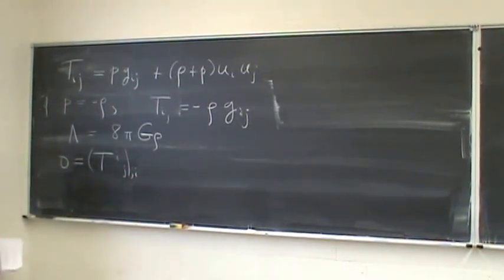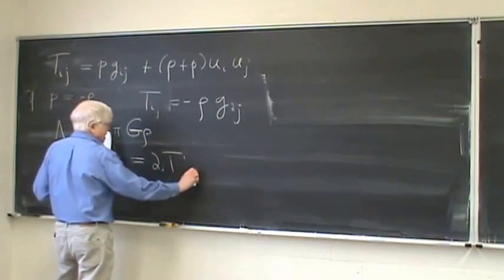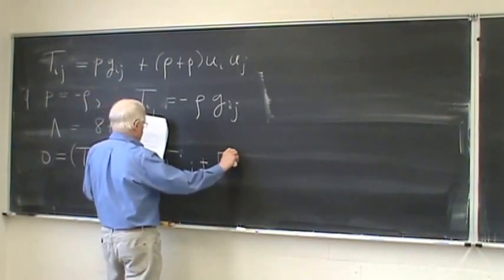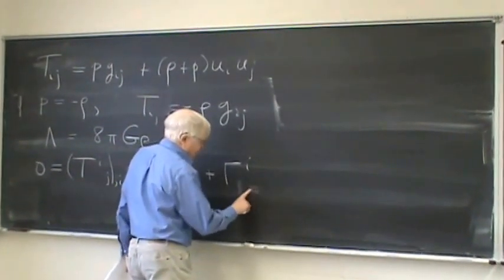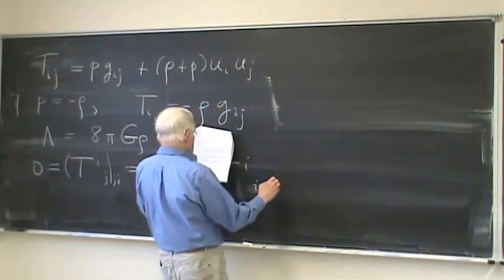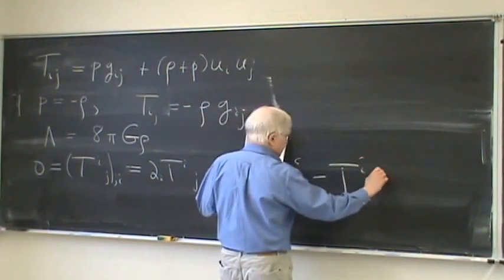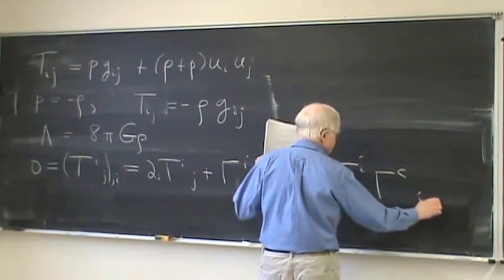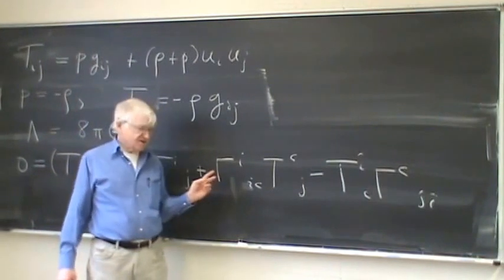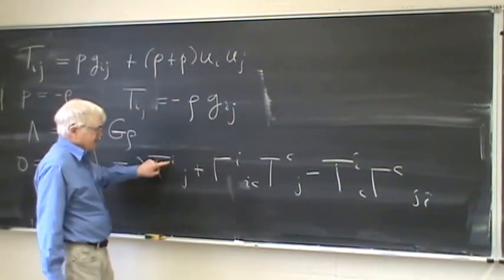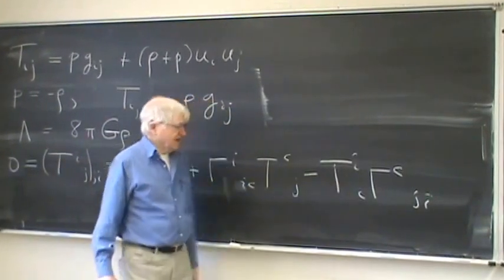In other words, the covariant divergence of the stress energy tensor vanishes, and that's d_i Tij plus gamma^i_ic Tcj minus T^ic gamma^m_ji... What we're doing here with the covariant derivative is that we compensate with Christoffel symbols, and for the upper index we have this term, and for the lower index we have that term.